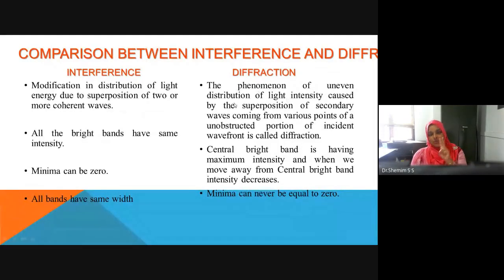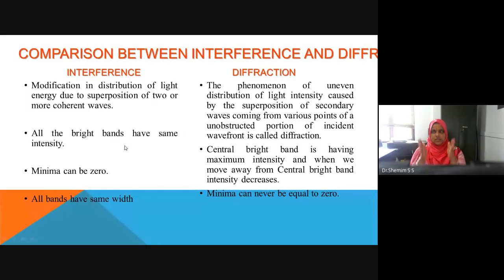But in the case of diffraction, it is happening from a single wave, with the secondary wavelets emanating from it. It is due to the uneven distribution of light intensity caused by the superposition of secondary wavelets coming from various points of a restricted wavefront. So that is a major difference.